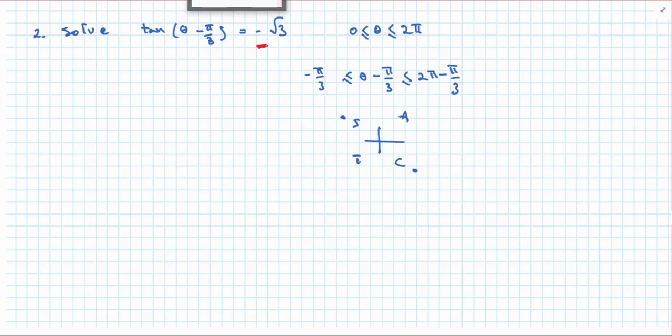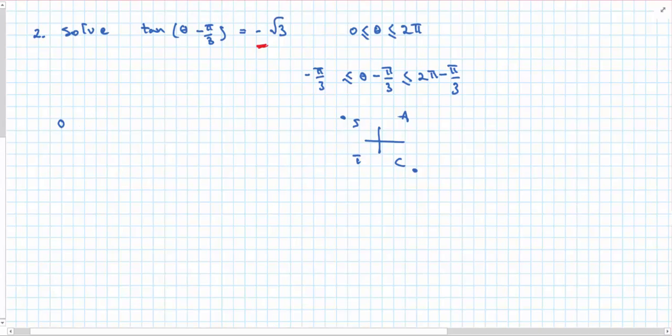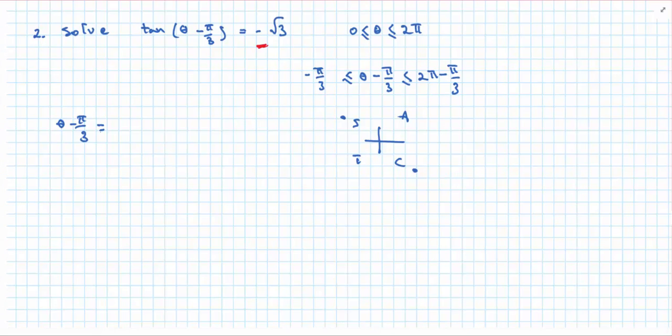Alright, so the solution for theta minus pi on 3, remembering our domain for theta minus pi on 3, the answer for tan is pi on 3, but starting my domain from negative pi on 3, the actual negative pi on 3 is our first solution. So that would be here.